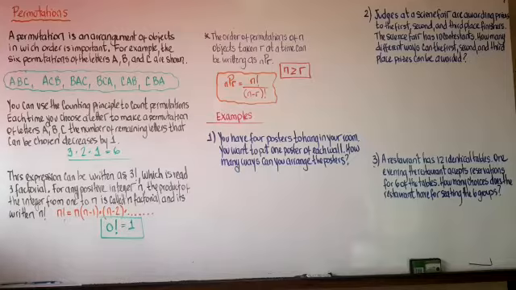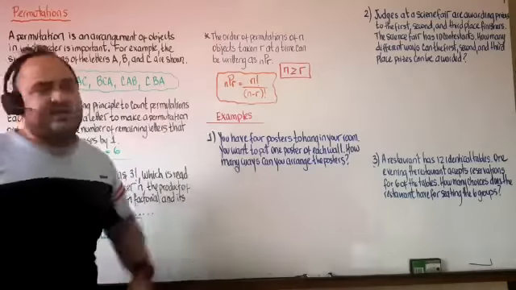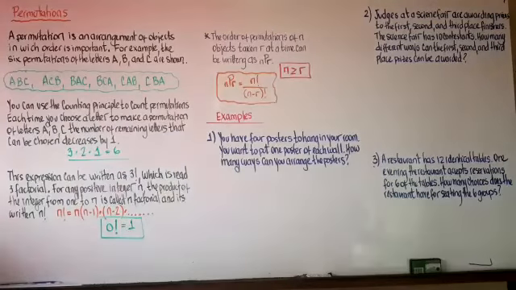So we can write this expression like NPR given by N factorial over N minus R factorial. Okay, this is the formula we can write for this situation.